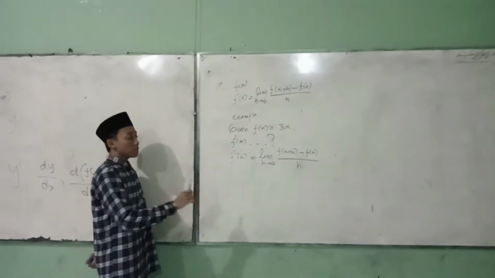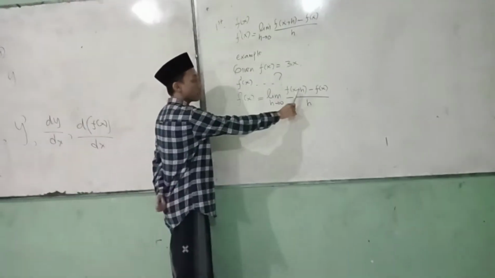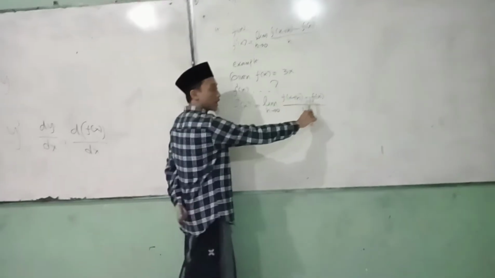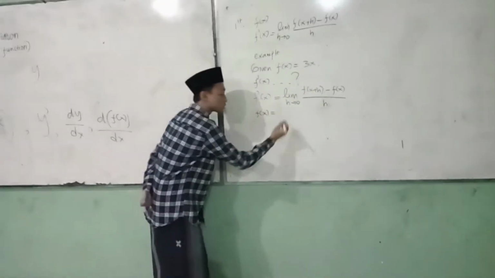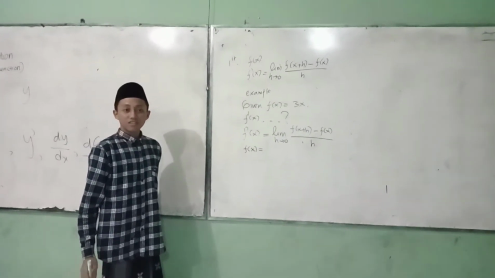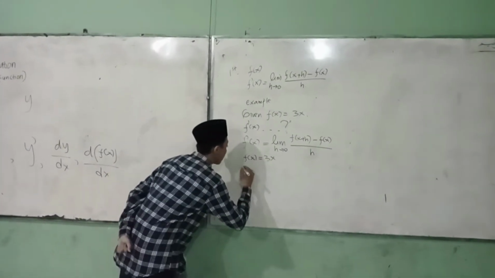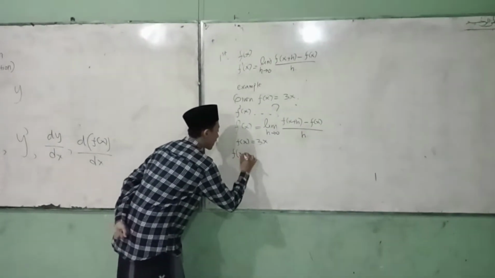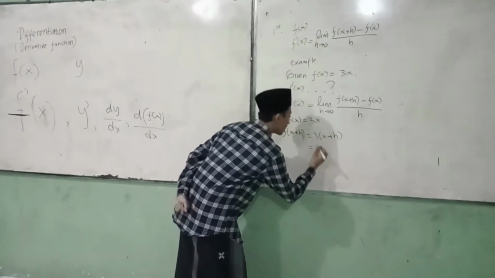According to this theorem, we need f of x plus h and we need f of x. You know, f of x is equal to 3x.